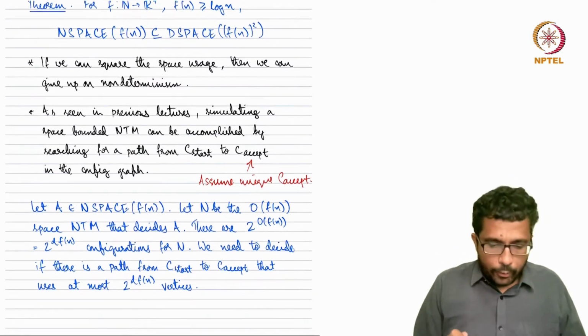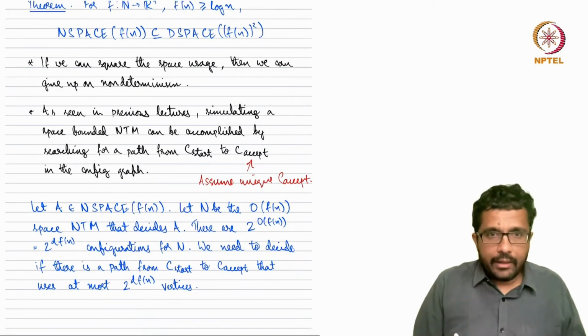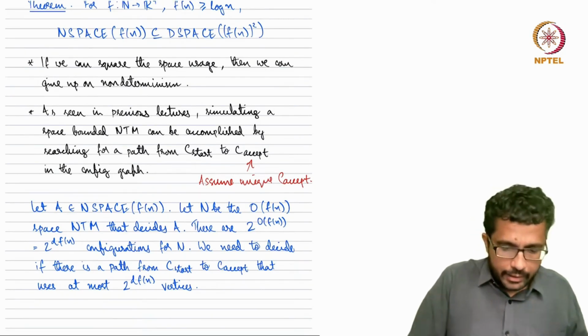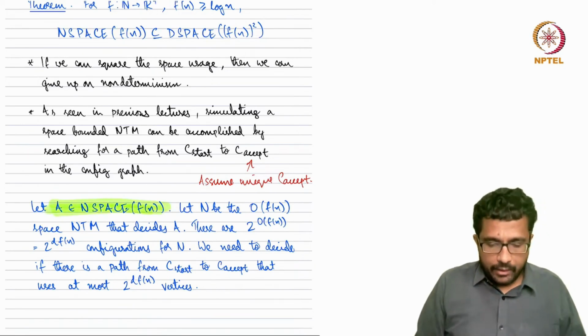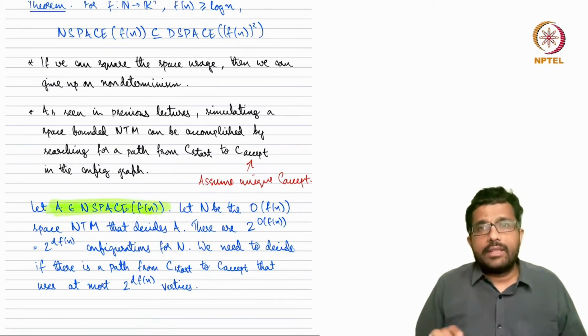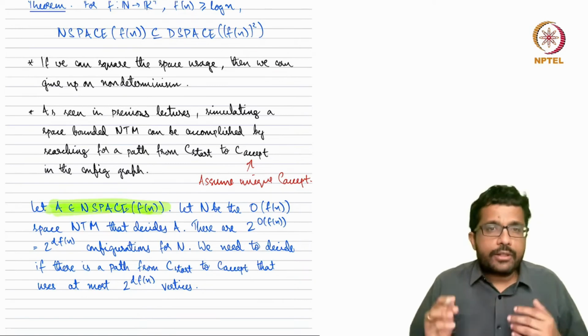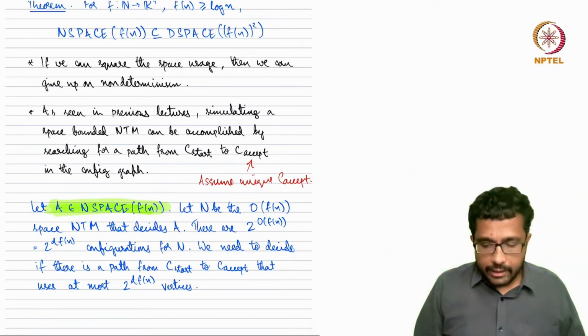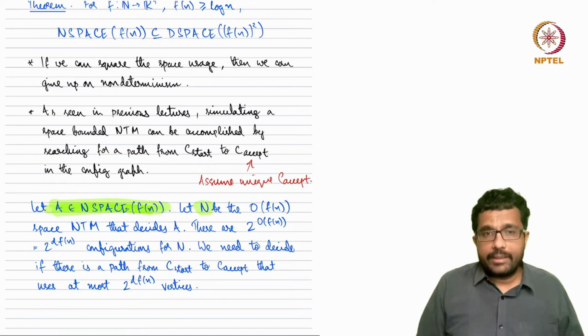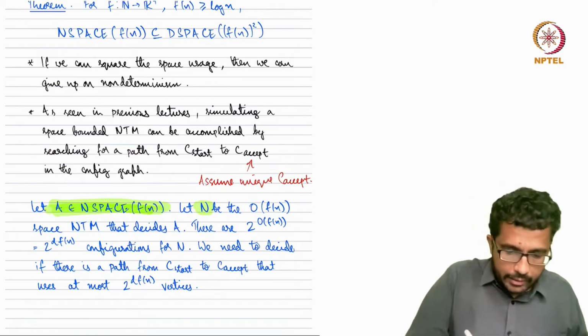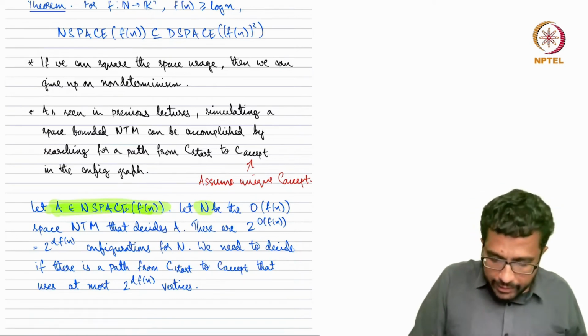Now, suppose you have a language A, which is an arbitrary language in NSPACE(f(n)). We will show that this A belongs to DSPACE(f(n) squared). Suppose A is decided by a non-deterministic Turing machine N, which decides it in O(f(n)) space.